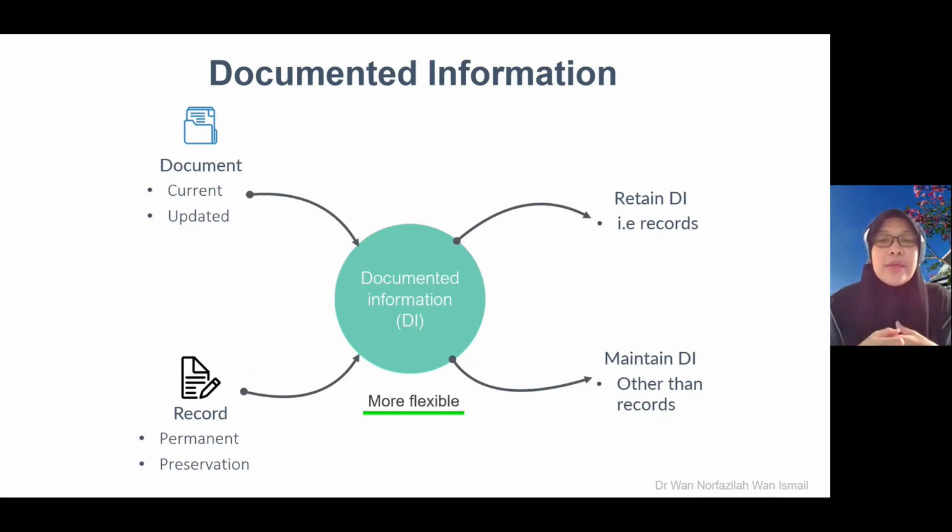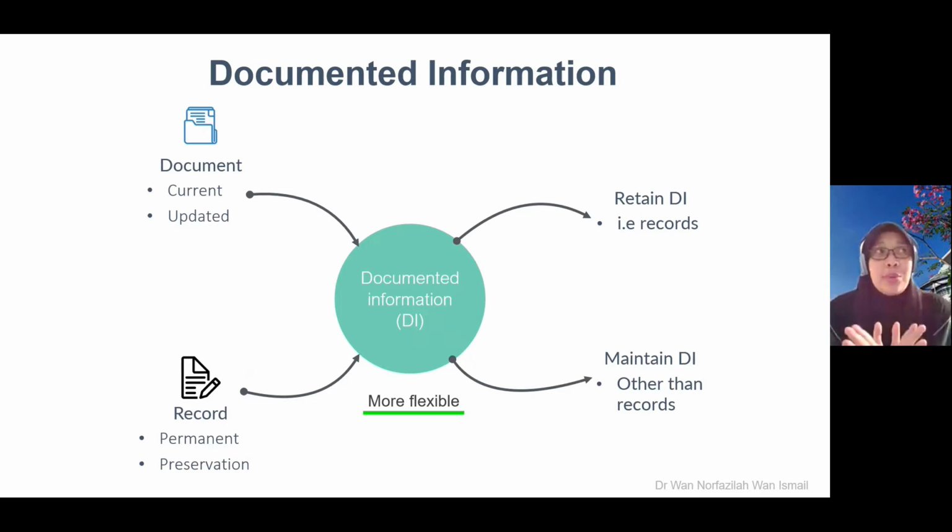For records, we call it retained documented information. Other than records, we call it maintained documented information. Kita kena maintain dia. Untuk records kita retain documented information. So kita guna general term documented information because it is more flexible.